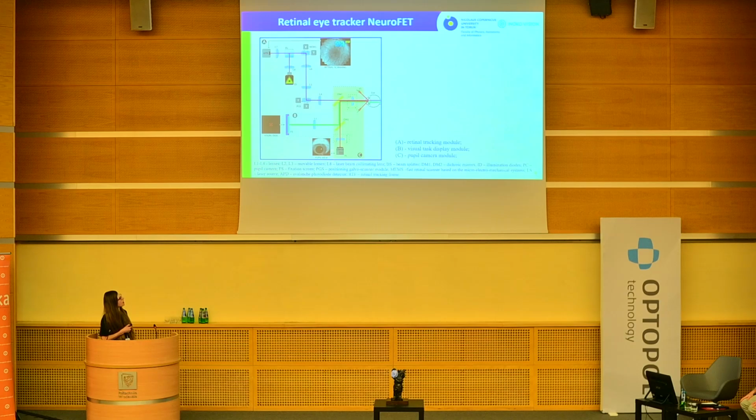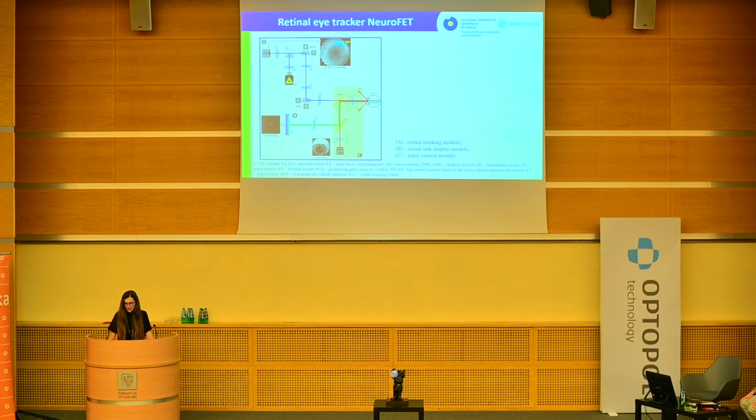Then we have a pupil camera module. This module helps us in the process of positioning the patient, and in this module we also have an infrared diode which illuminates the eye. But the most important and most innovative part of our device is the retinal tracking module.